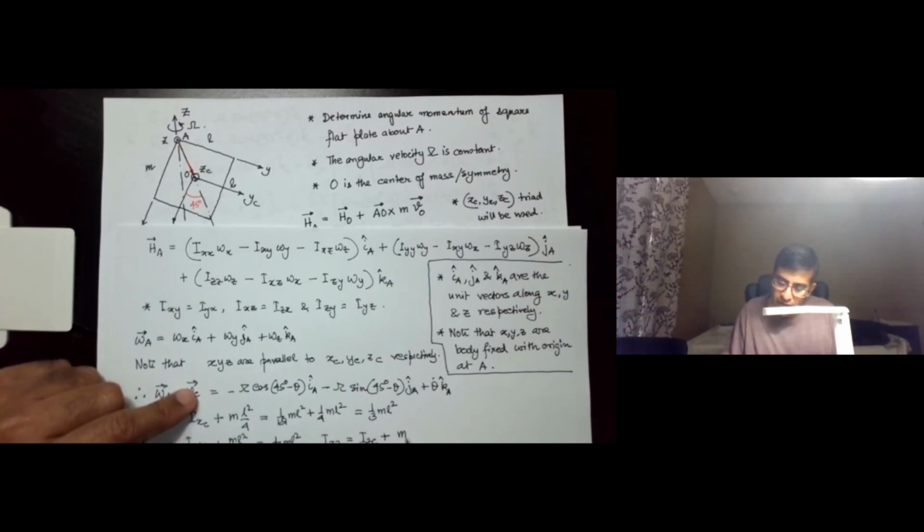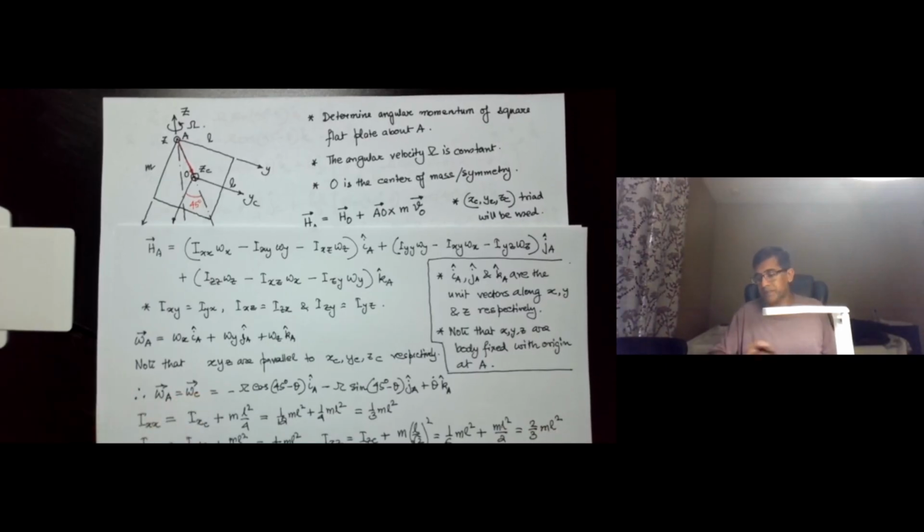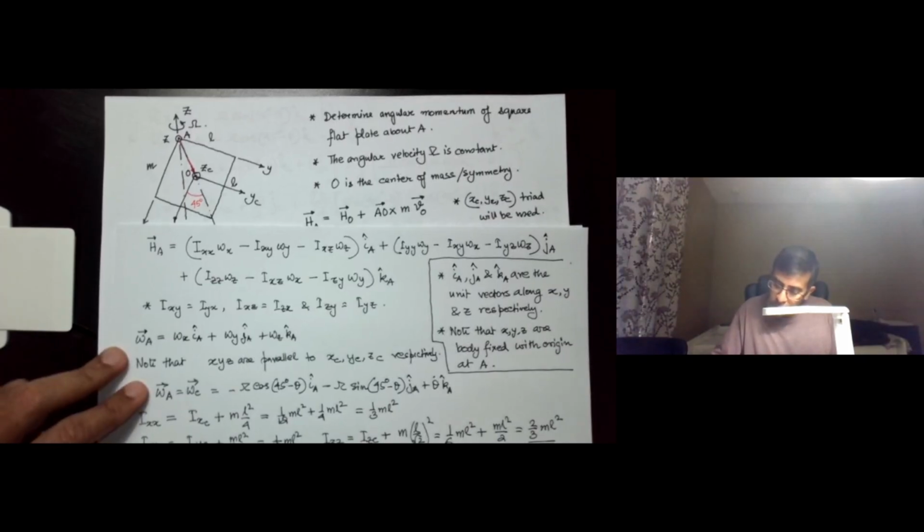So you would have m times L over square root 2 whole squared. The original about the center of mass was 1/6 m l squared, plus m l squared by 2, so this is going to be 2/3 m l squared. Okay, so we have our moments of inertia.